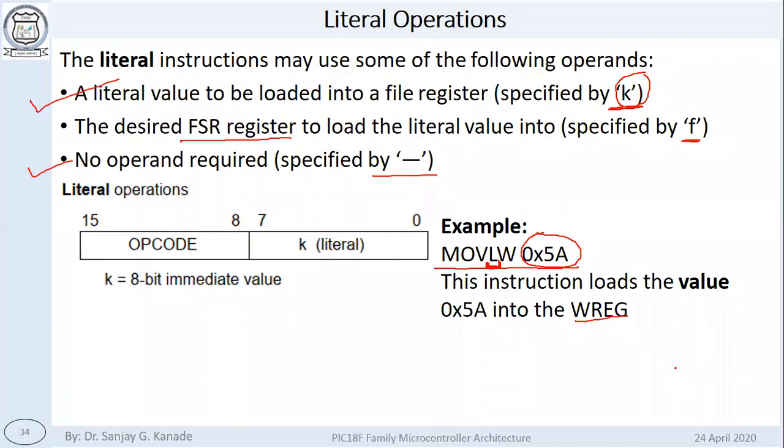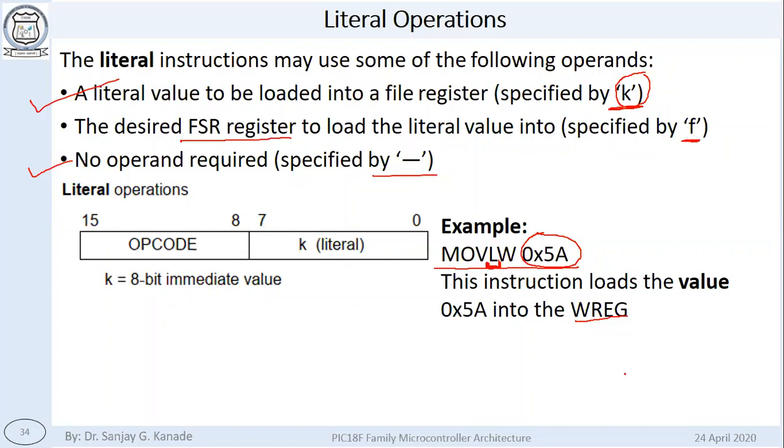If you remember, in 8051 there was also an instruction MOV, and there were parameters, for example MOV A, B. But in that case, the sequence was move destination comma source. It was like that in 8051.